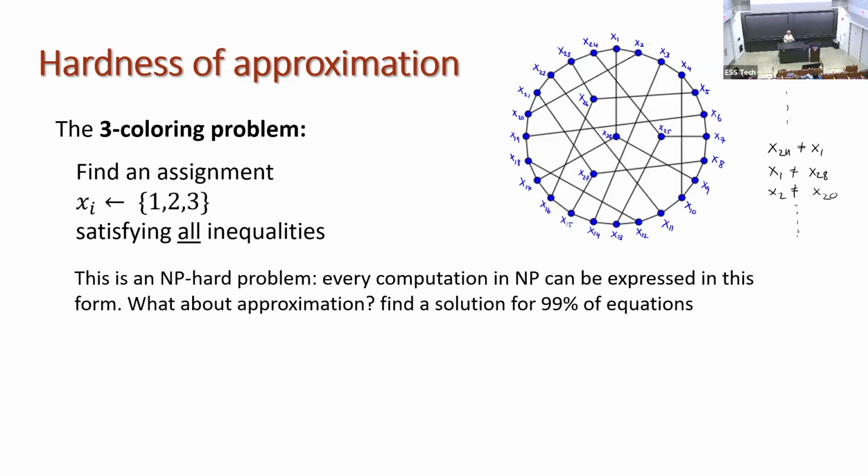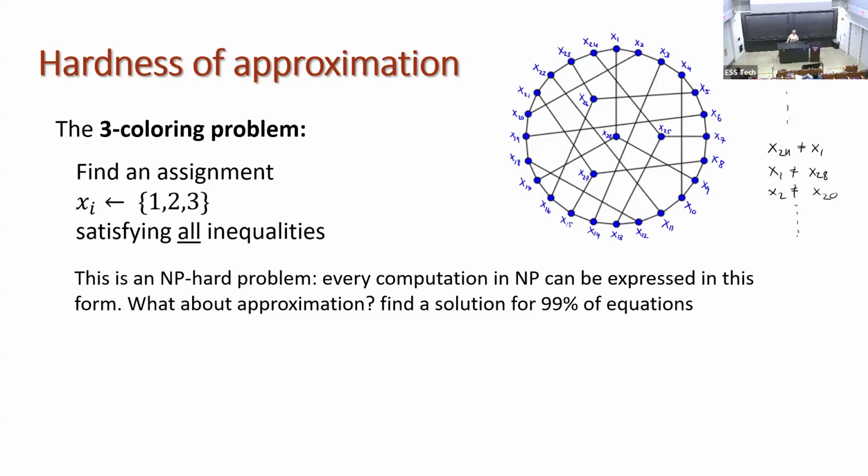Maybe it's not so intuitive to see, but you believe that many different programming languages are similarly expressive. This is a very expressive format, apparently. So any NP statement I can write in this form, and I know that it's hard to decide if a given system like this is solvable or not.